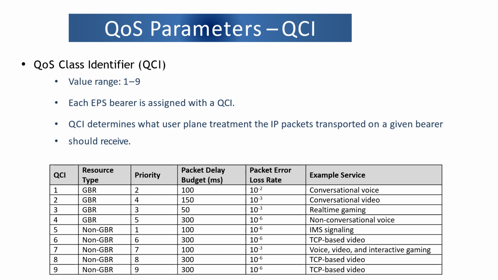QCI also specifies the bearer level packet forwarding priority, and the preceding table describes the standardized QCI, that is between 1 to 9. It is actually an index identifier of QoS for different parameters.